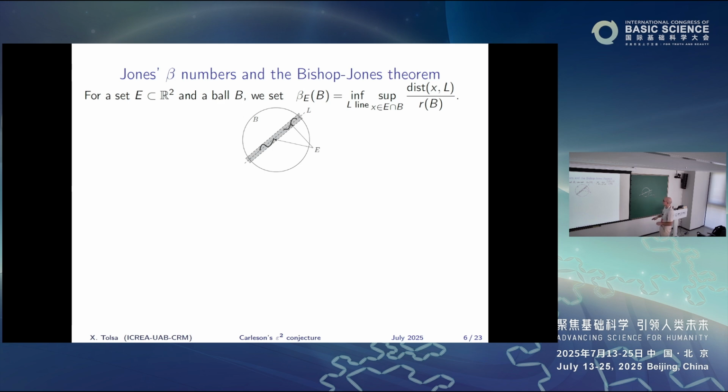But in this coefficient, yes. And in fact, let me say that it is easy to check that the epsilon coefficient is smaller than the beta coefficient.